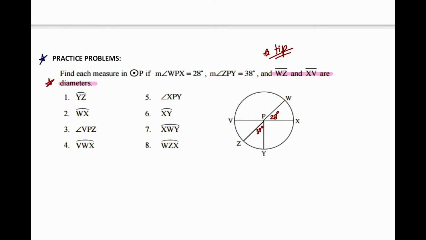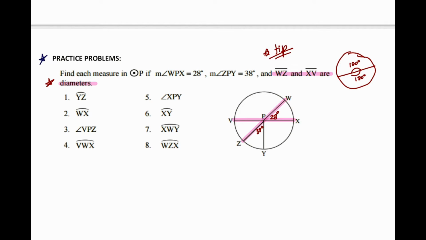So we know that WZ is a diameter. I highlight it. We know the XV is a diameter. I highlight it. This is going to be very, very helpful because remember, if you have a diameter, it's half of a circle. That means this is 180 degrees or the other one is 180 degrees. It's giving you more central angle information.